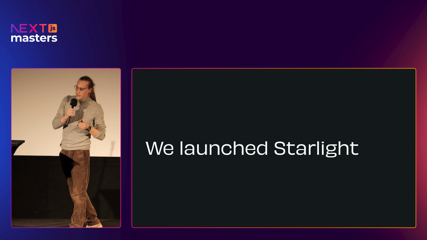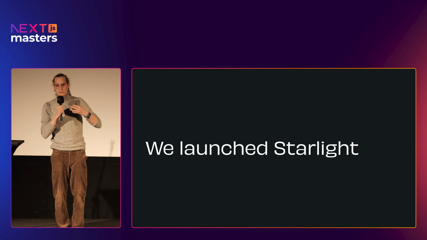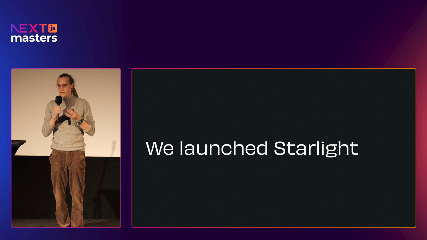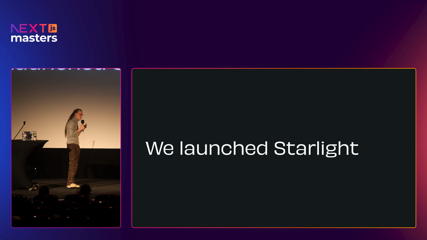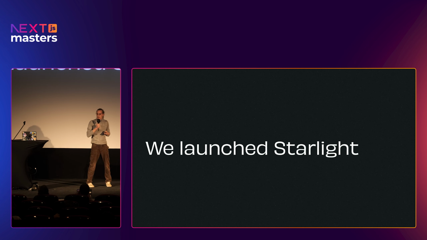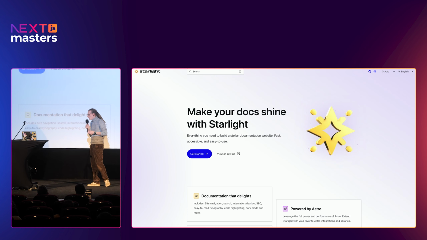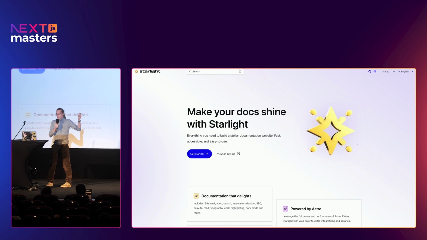So we tried to make it better internally, and we tried to add some things to Astro, and it actually didn't work that well. So when we started writing it again and again, we actually thought, hey, this is kind of becoming like a new full framework. So we basically built a whole new documentation framework and released it under a new name, and that is Starlight.